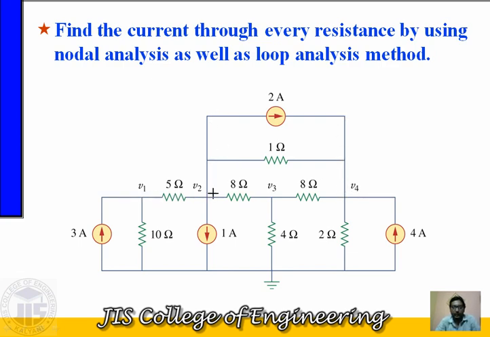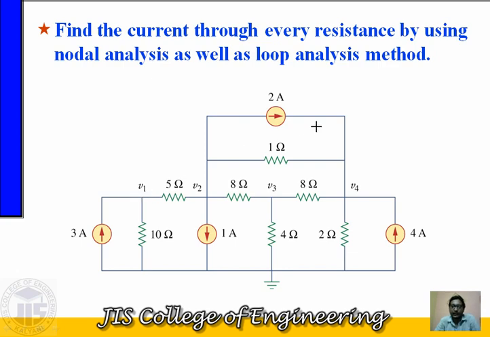By nodal analysis, as we have seen in our last videos, we simply consider one node as the reference node, this ground one, and for the remaining nodes, the unknown node voltages, we consider V1, V2, V3 and V4. Then put the direction of current and amount of current in each branch, and write down the KCL equation for each and every non-reference node.